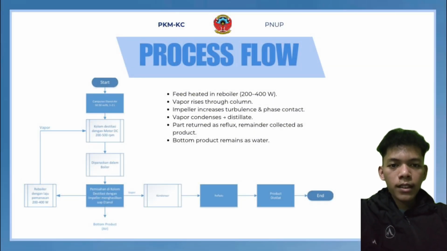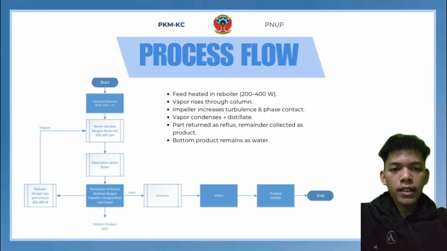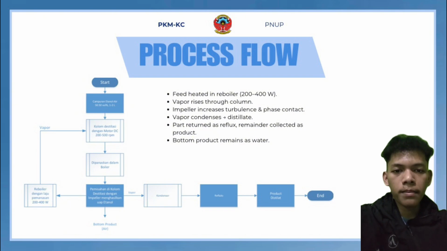Next, there's the process flow for separating ethanol and water. Similar to the previous slide, the process begins by introducing a 50-50 ethanol-water mixture into a distillation column driven by a DC motor. The mixture is then heated in a boiler to produce steam.